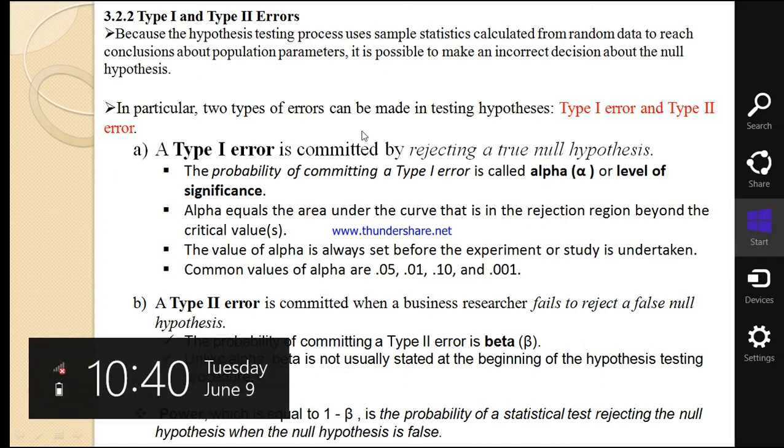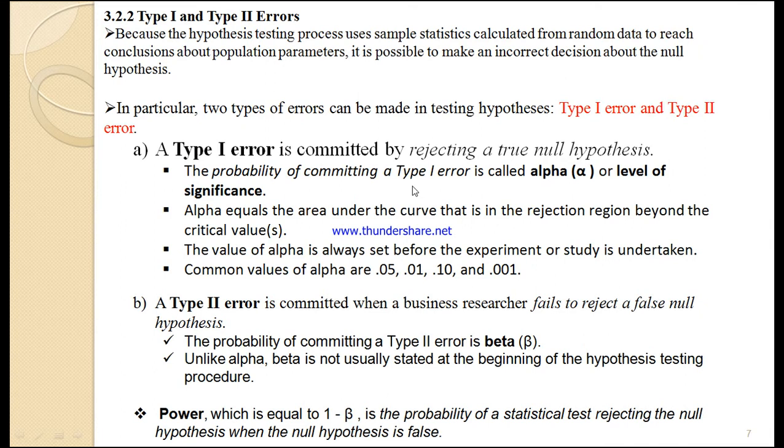Type 1 error is committed by a researcher or a statistician when he or she rejects a true null hypothesis, and the probability of committing this error is known as alpha, or it is also named the level of significance.